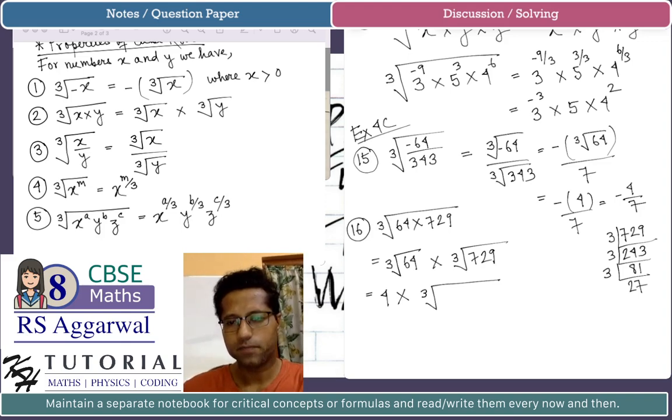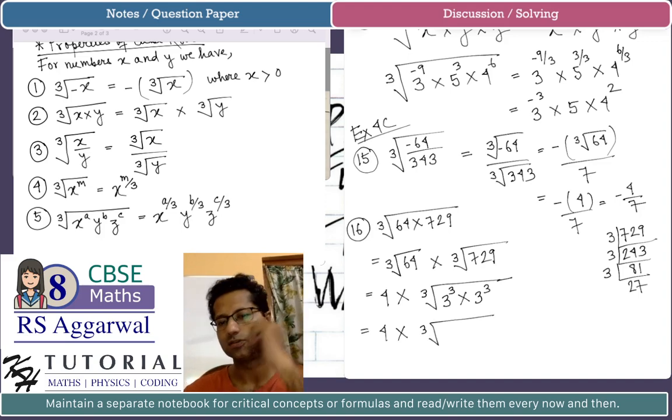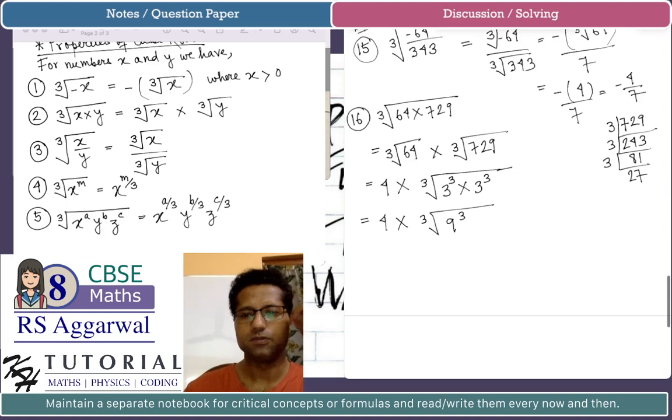So we will have 3 to the power 3, multiplied by 27, which is also 3 to the power 3. So this is 4 multiplied by the cube root of 3 raised to the power 3 multiplied by 3 raised to the power 3, which is 9 raised to the power 3.